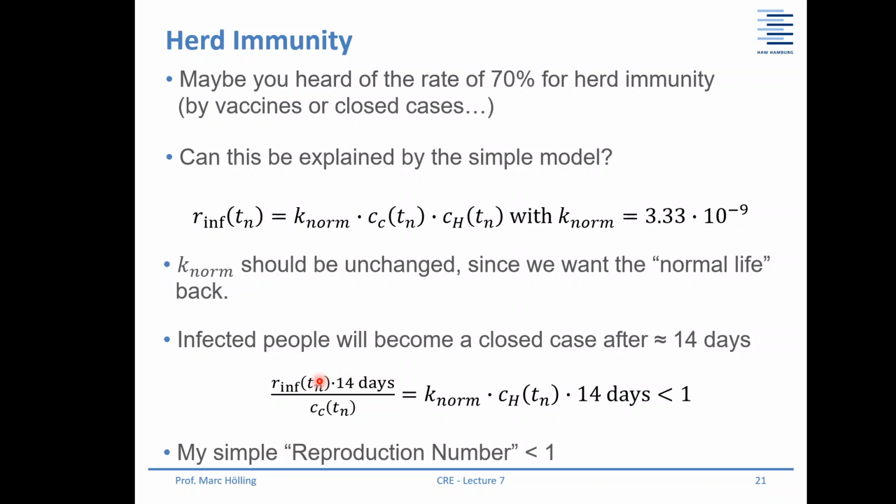If these 400 people have infected only 390 other people in these 14 days, then your reproduction number is below 1, and this is what we want. So in these 14 days they infect fewer people than they were in the beginning. This is just my definition of a simple reproduction number, which I found suitable for this kind of chemical reaction. And then we just have to do some math.